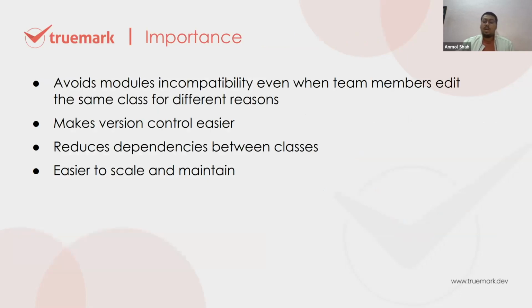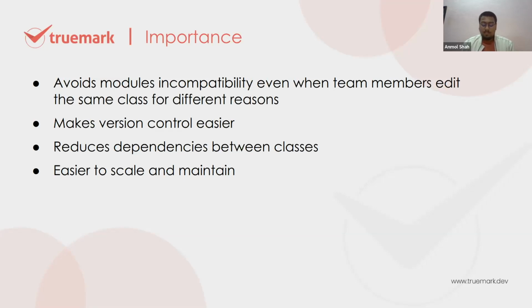Now, what is the importance of this principle? It helps us to avoid module incompatibility, even when team members try to edit the same class for different reasons. As a team working on the same project, a number of people may try to access and edit the same class, and that may bring several merge conflicts, bugs and crashes.